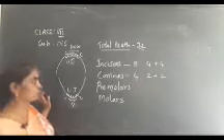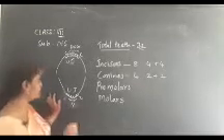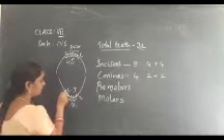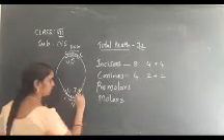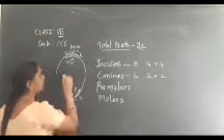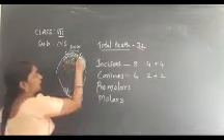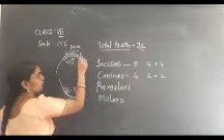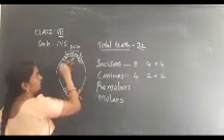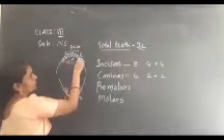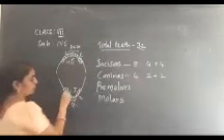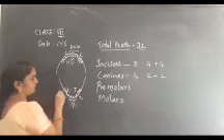8 premolars. 8 premolars means 2 in the lower jaw and 2 in the upper jaw on each side. Okay, these 2, 4, these 2 here.